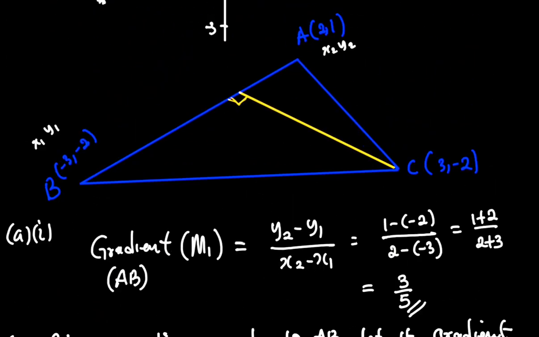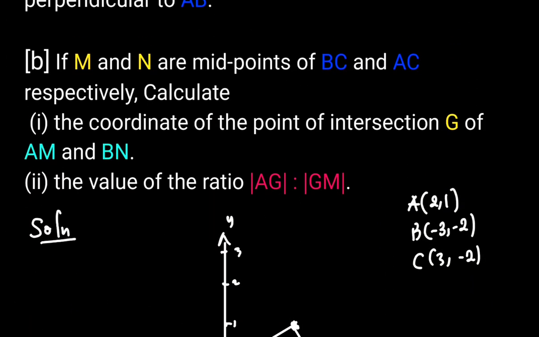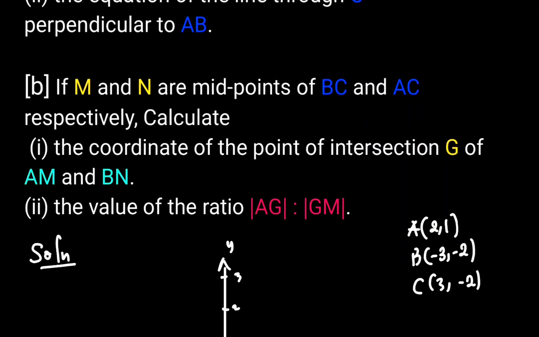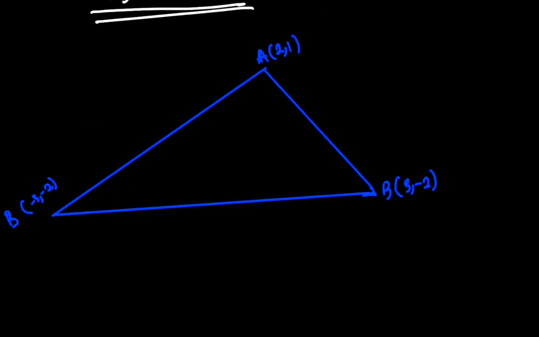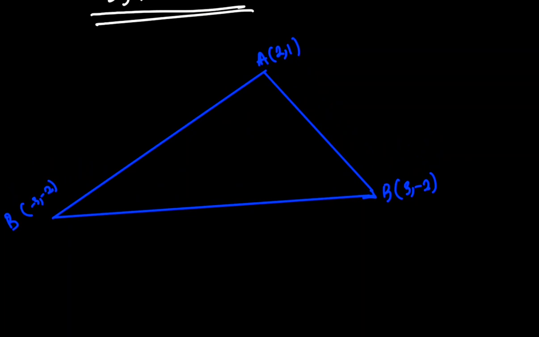The next question, which is B, says if M and N are midpoints of BC and AC. Now let's do this. I think this place should be my C. So we have a C here.